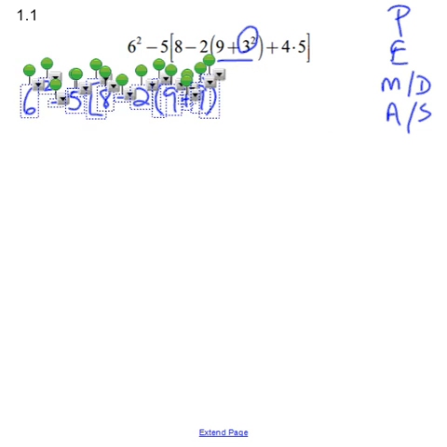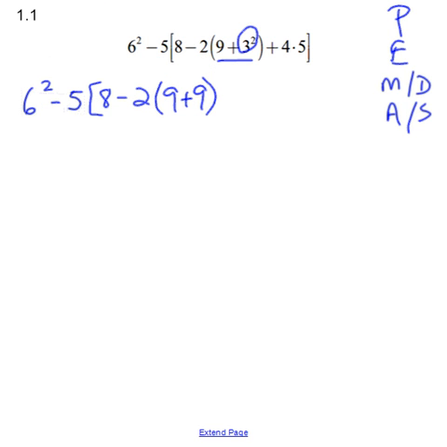Move this over a little bit. Okay, so all I did was that one step. Now I'm still working inside the parentheses, so I'm going to do this.